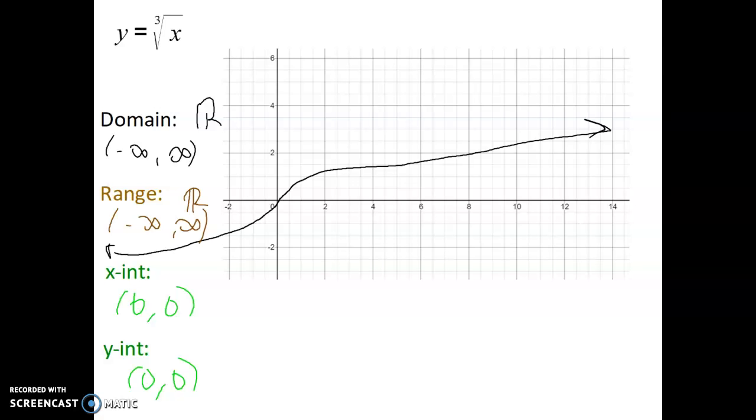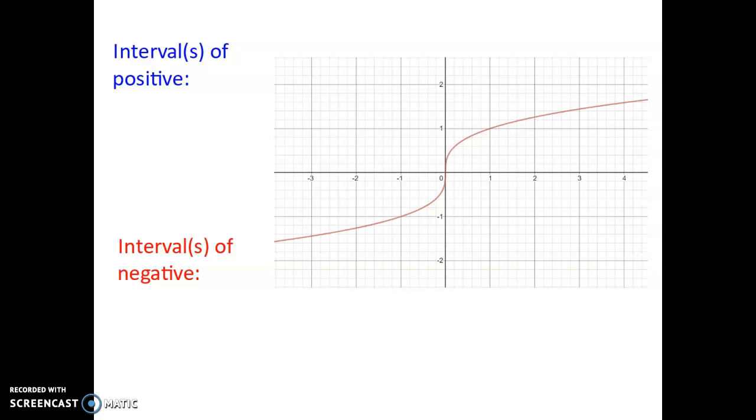All right, let's look at some of our key features of this one. So if I look at the intervals where this one is positive, what does positive mean? All right, positive means above the x-axis. So I'm going to color this part blue, put my arrow there, because that is above the x-axis. And negative, being the opposite of positive, means below the x-axis.